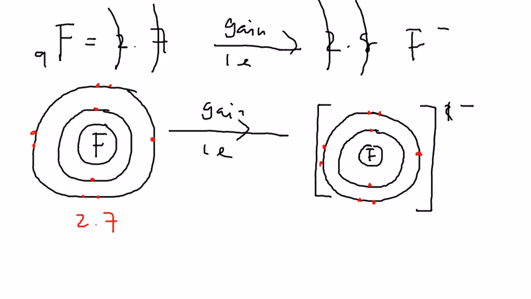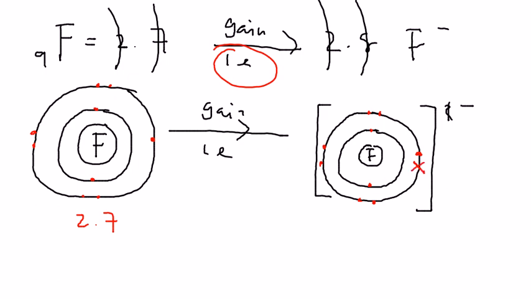What about the number 8, the one that it gained? This electron gained is from someone, actually another atom donates it to fluorine. So in order to differentiate, we use a cross.